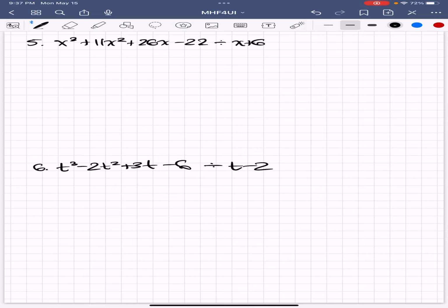So, x to the power of 3 plus 11x squared plus 26x minus 22 divided by x plus 6.